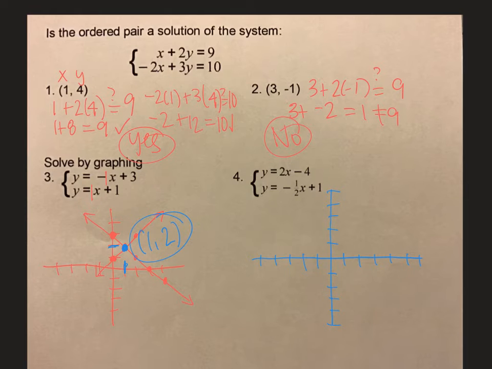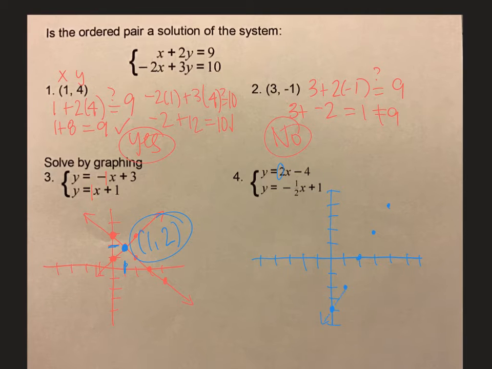I'm going to start down at negative 4. And then I'm going to go up 2 over 1 since my slope is 2. And I'm just going to keep doing that for a few points.